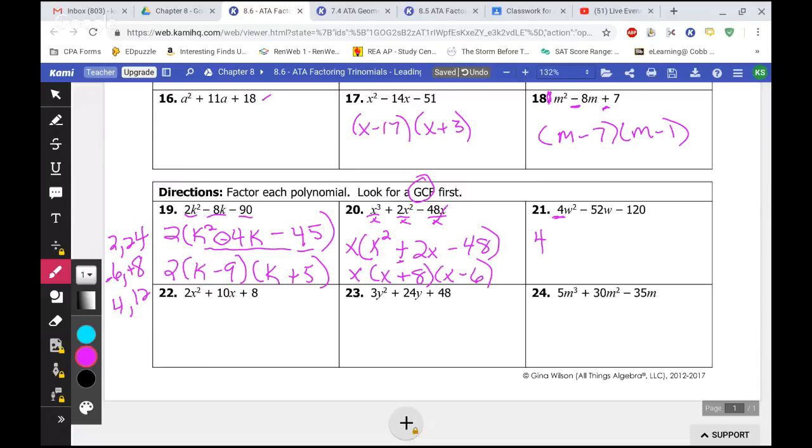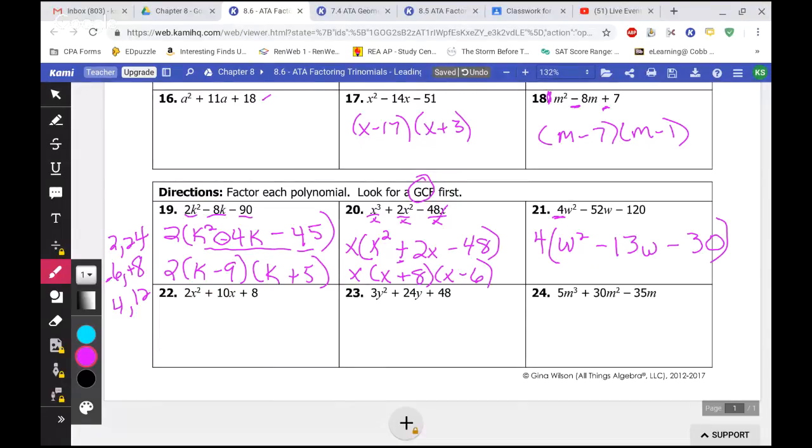If I take a 4 out of each one, I would be left with w squared. If I take 52 and divide it by 4, I get 13w. And this last one gives me a negative 30.